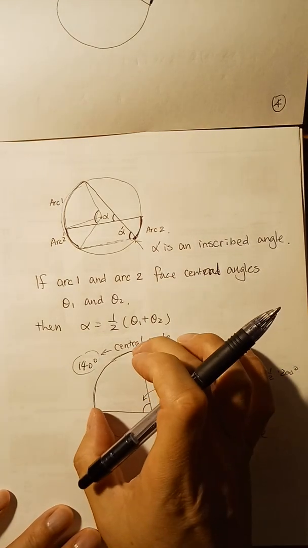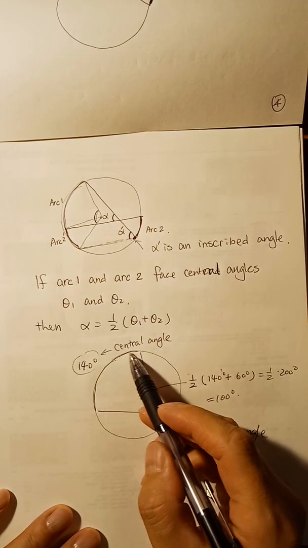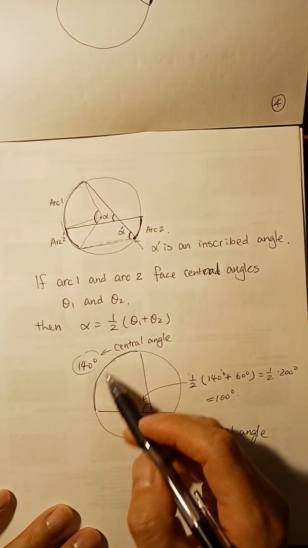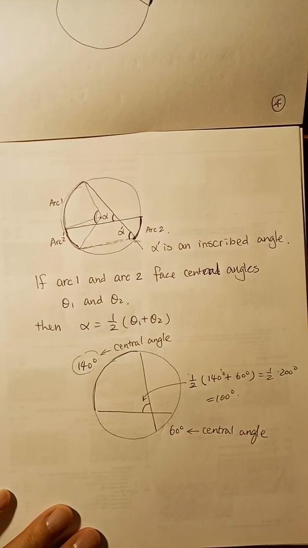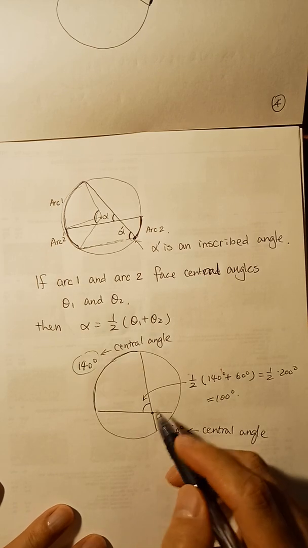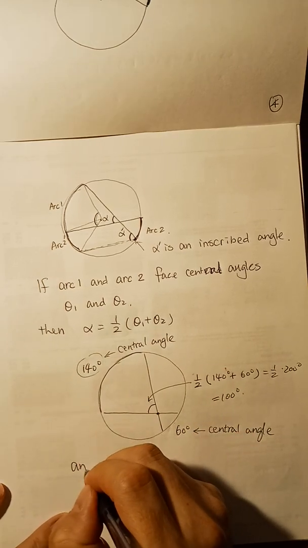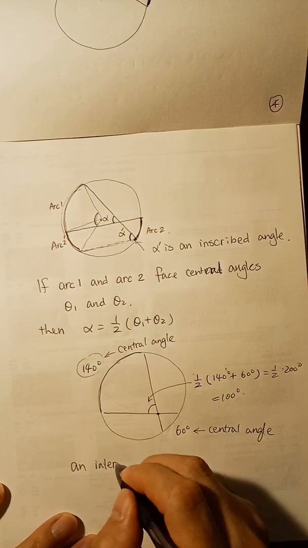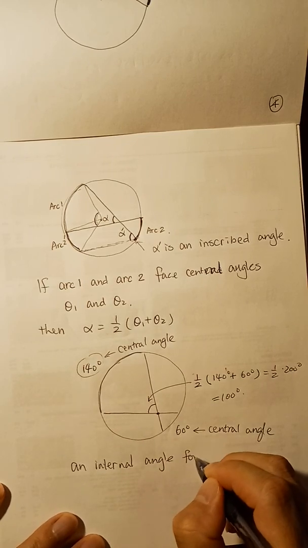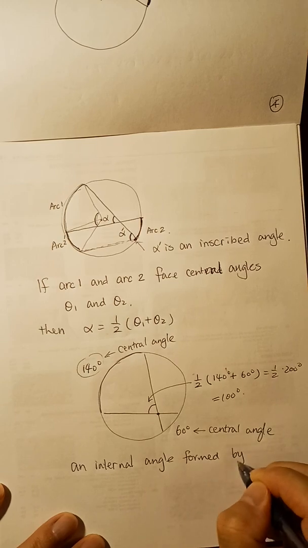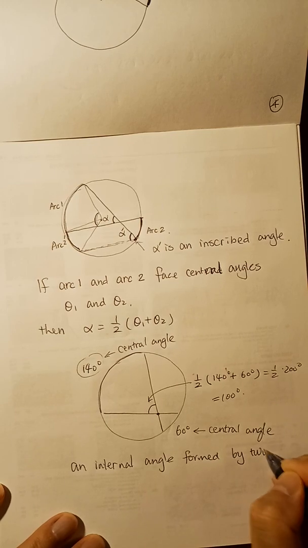So once you know the central angle for the corresponding arc, you add them together and divide by 2. This is called an internal angle formed by 2 chords.